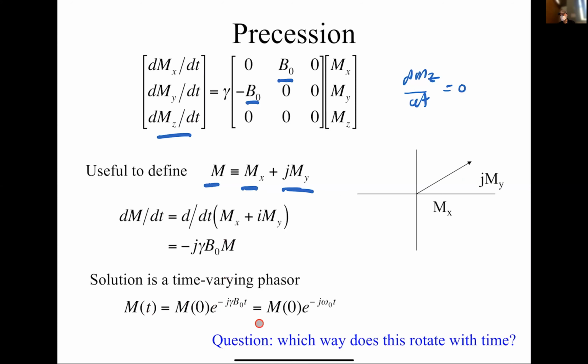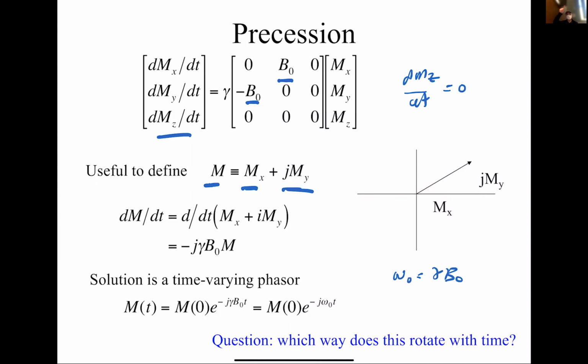We can rewrite gamma B0 as omega naught, so we can also write that as M0 e to the minus j omega naught t. Now this is a phasor that has a frequency of omega naught, and it's varying with time.